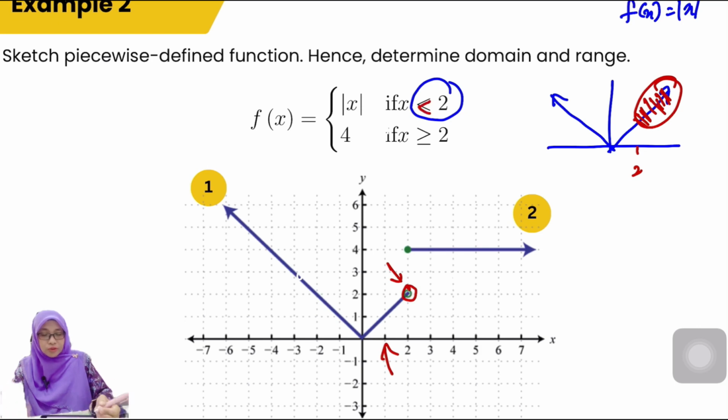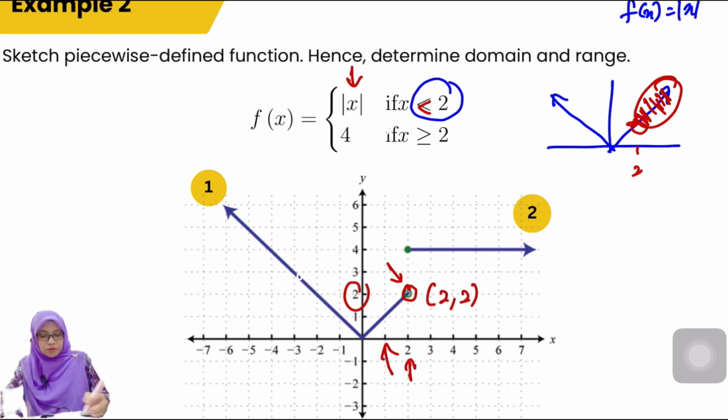Because there is no equal sign on the domain given for the modulus of x equation. Therefore, you just have this side, and at the value of 2 it should be a hole. When x is equal to 2, the y is also equal to 2 when you substitute, so the point of the hole should be (2, 2).